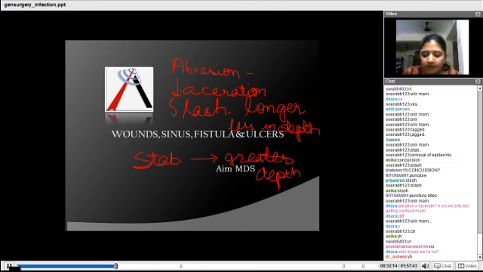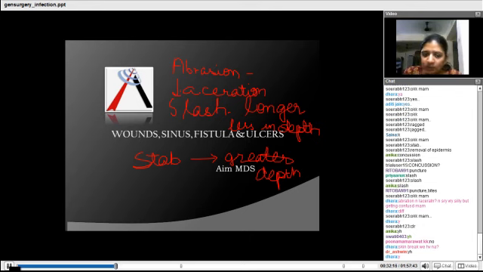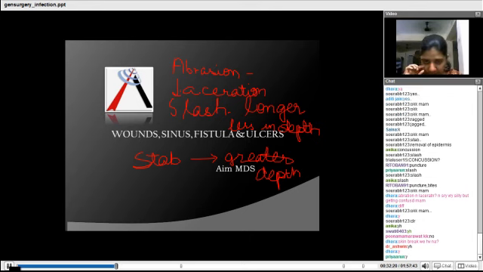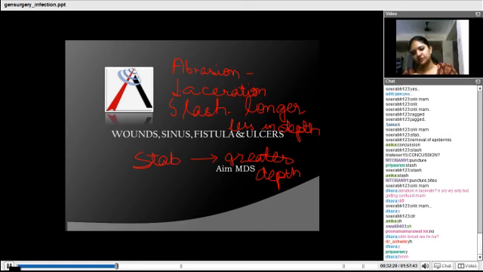Both abrasion and laceration will be restricted to the skin portion itself. When you go to slash and stab, you're going to the underlying connective tissue, you're going into the muscle and all that. But when we talk about these two conditions, we restrict ourselves only to skin. The only difference lies in whether the skin has broken its continuity or not.